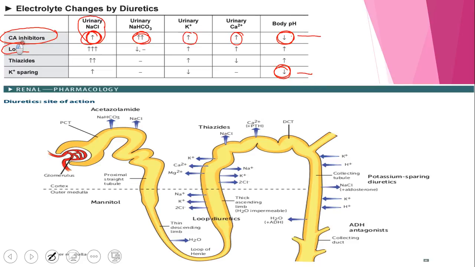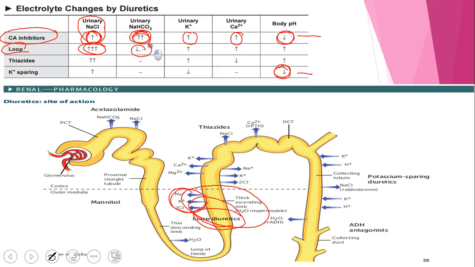So when you're looking at loop diuretics, taking their effect right here in the thick ascending limb, those big time are going to fill your urine with sodium and chloride. Well, that makes sense since they have to do with the sodium potassium chloride pump. In this case, it can decrease, remember, this one increased your sodium bicarb.